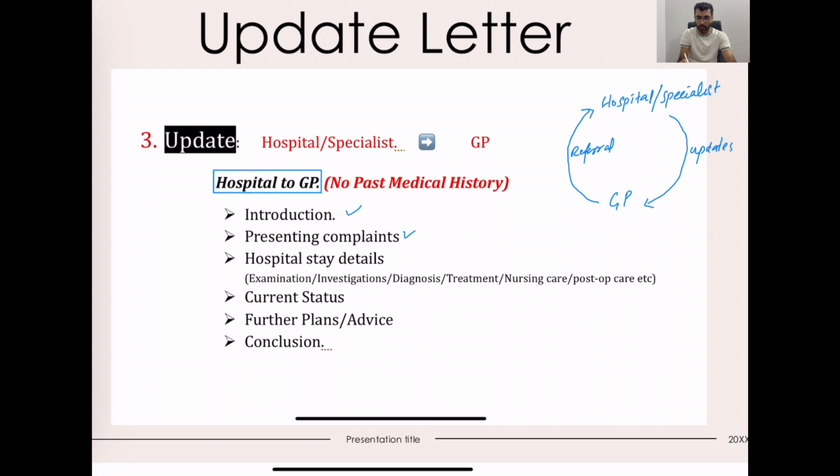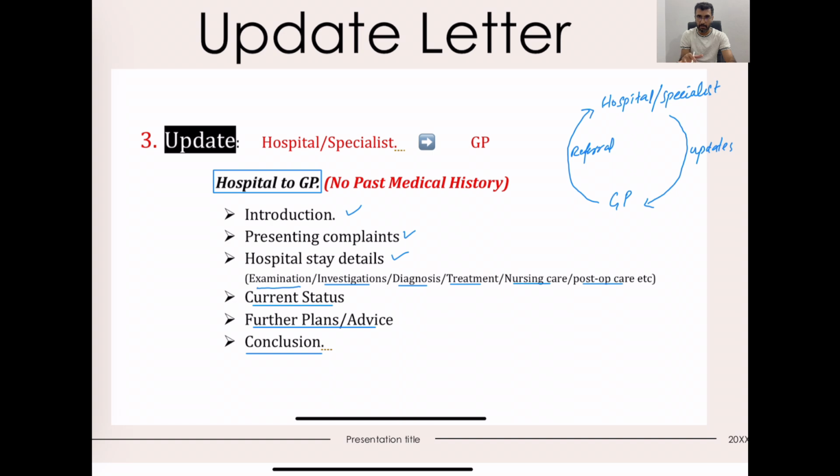Then we will have hospital stay details, exactly the same as the discharge letter: examination, investigation, diagnosis, treatment, nursing care, post-op care, whatever. Then current status, if the patient's current status is given, definitely we will write it here. Then if we have any further plans or advice for the patient, we write them here. Then conclusion.